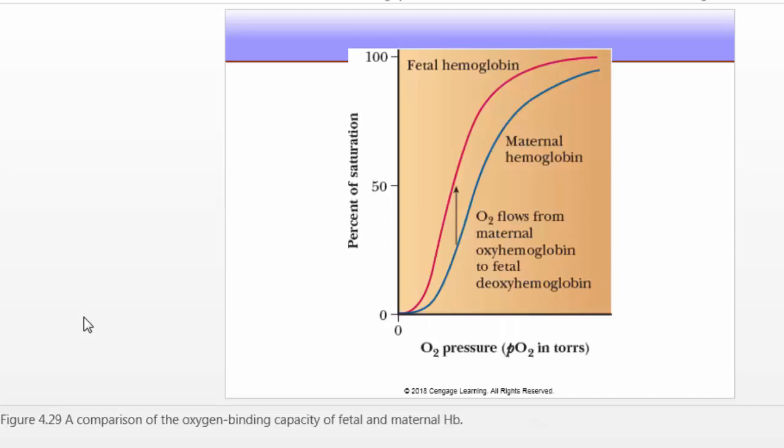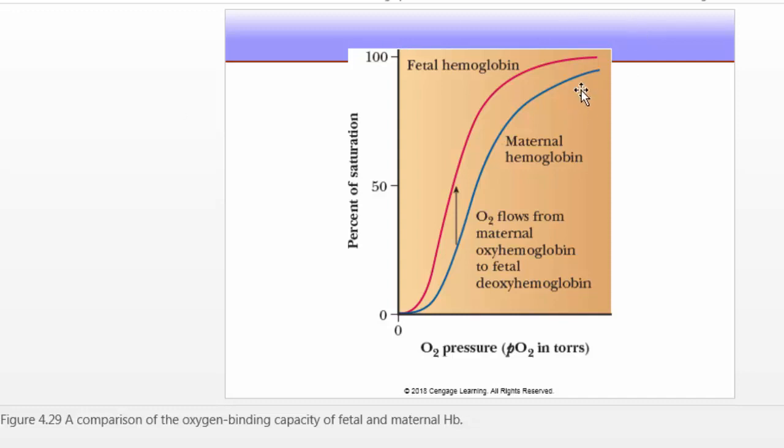BPG also plays a role in supplying a growing fetus with oxygen. The fetus obtains oxygen from the mother's bloodstream via the placenta. Fetal hemoglobin, designated hemoglobin F, has a higher affinity for oxygen than does maternal hemoglobin, allowing for efficient transfer of oxygen from the mother to the fetus, as you can see here in this figure.